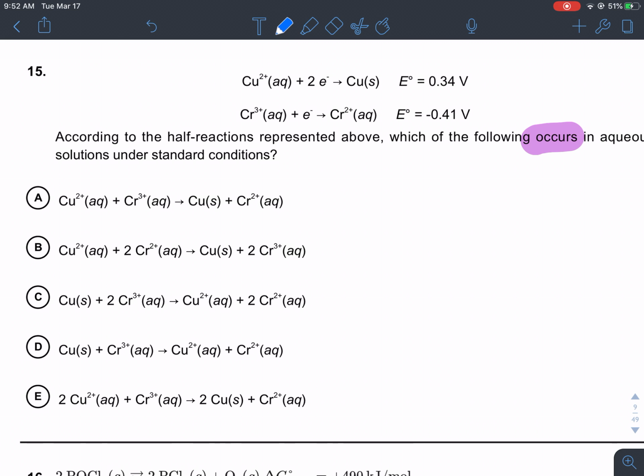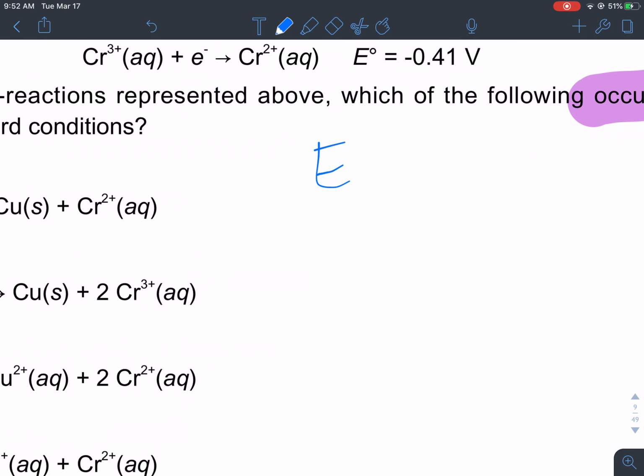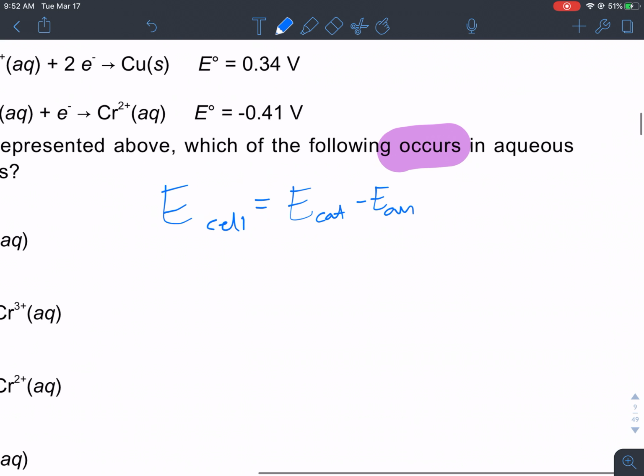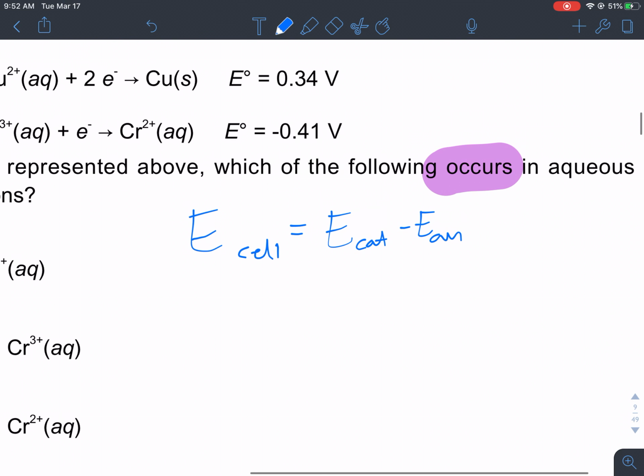Remember, your E cell is equal to your E cathode minus your E anode. So you're going to have one of two situations: 0.34 minus negative 0.41, or negative 0.41 minus 0.34.